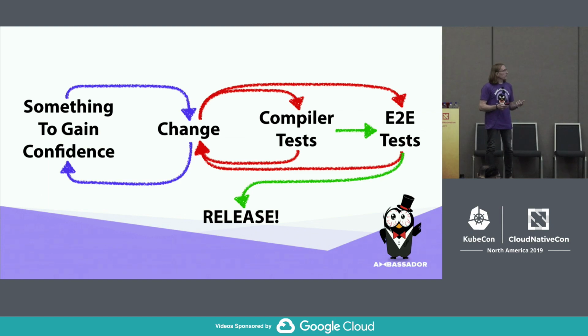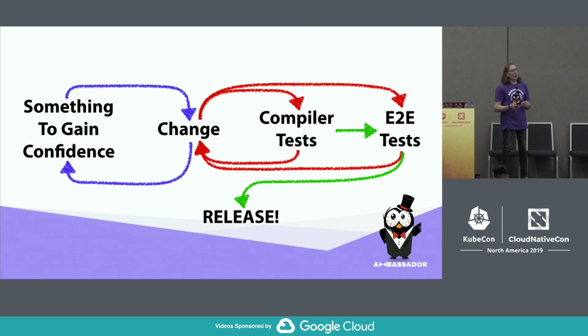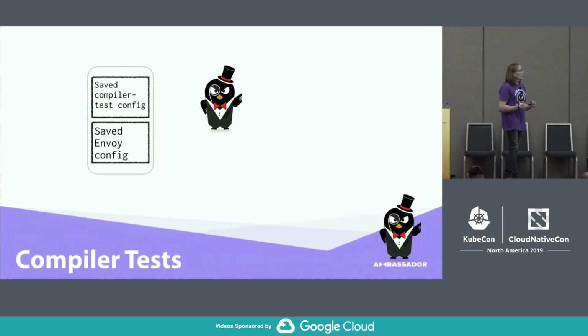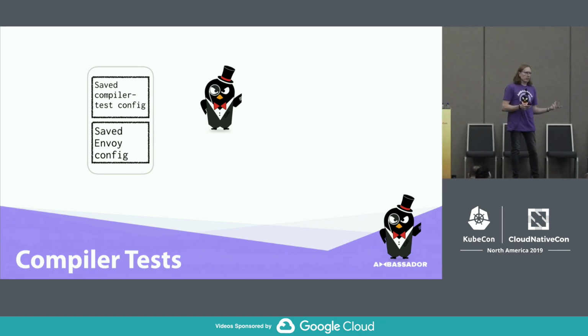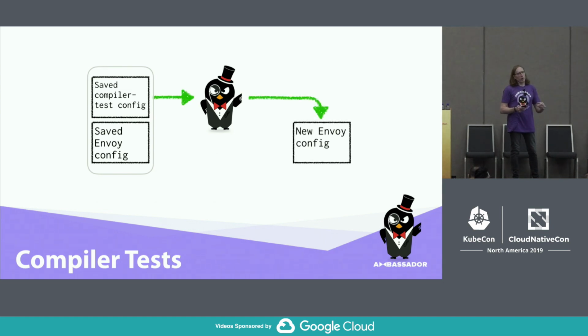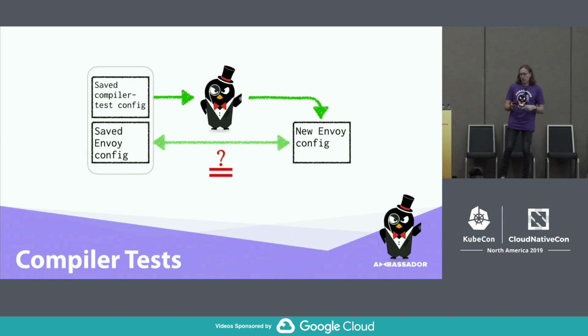Both of them had to pass before we could release anything. When I say a compiler test, we started off with a saved Ambassador configuration and a corresponding saved Envoy configuration that had been generated from the Ambassador configuration. We would feed the Ambassador configuration through Ambassador's code. It would produce a new Envoy config, and then we would make sure that the new one matched the saved one.